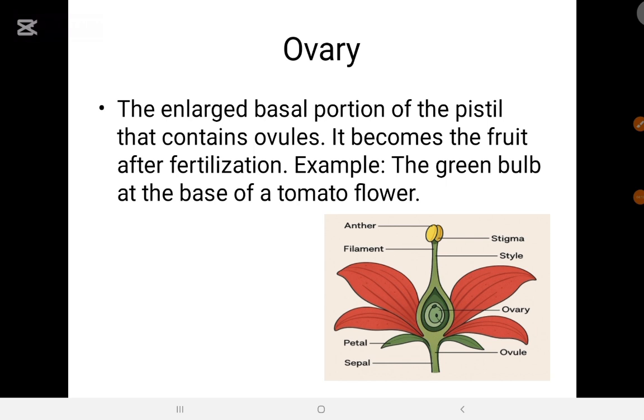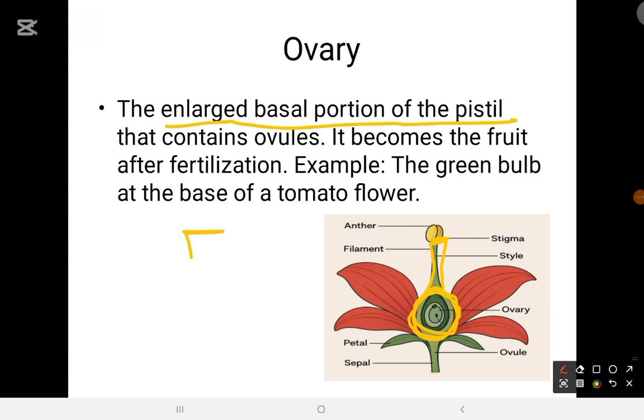All right, now there is the ovary, which is basically an enlarged basal portion of the pistil. So the ovary is basically this portion of the pistil that is larger. Do you understand how you can see it's larger here? So it typically looks like this.